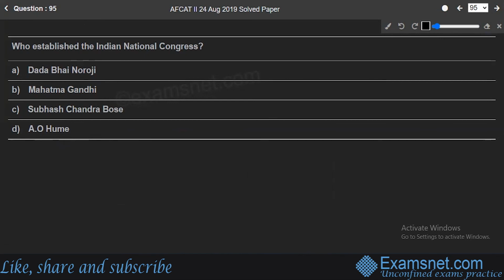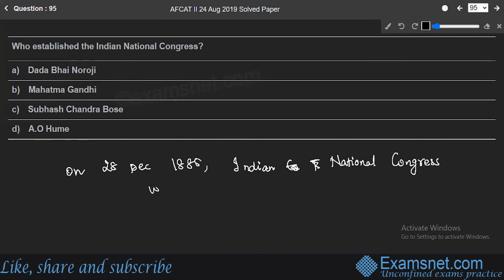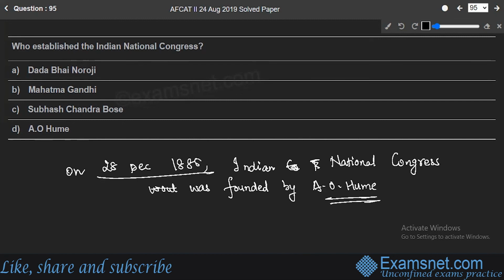See, the Indian National Congress was founded by A.O. Hume on 28th December 1885. So this is the correct answer, option D.